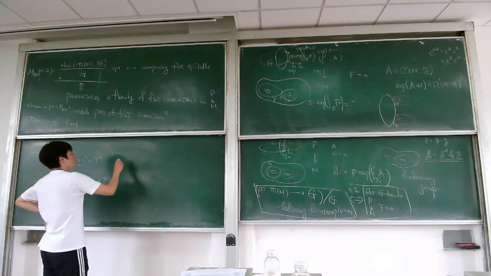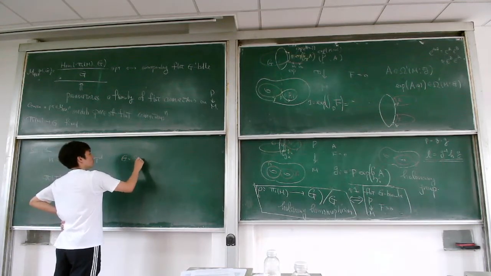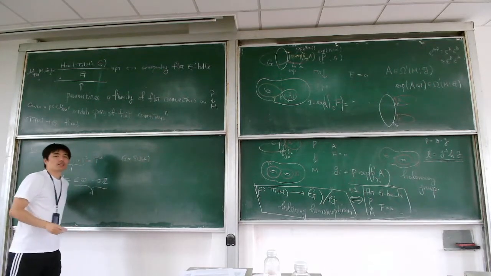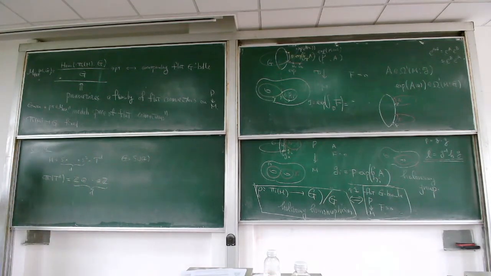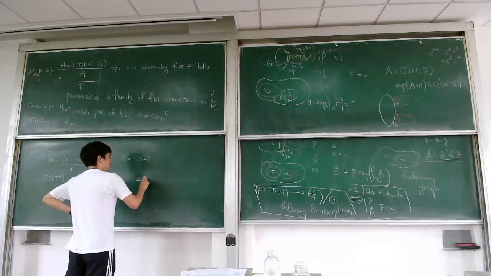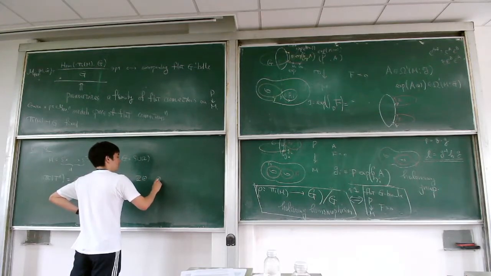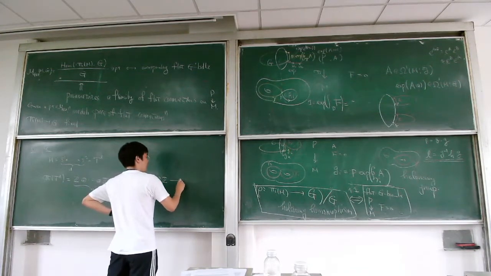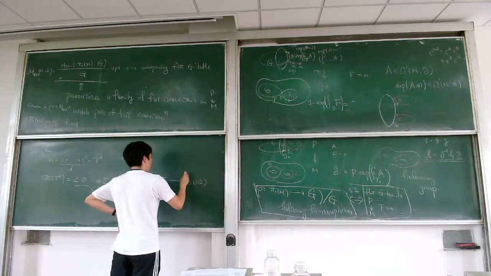Let's consider G is SU2, a principal SU2 bundle, and you consider the homomorphism from Z plus Z and so on, inside SU2.